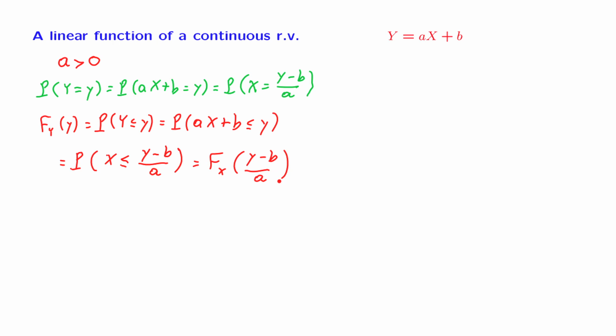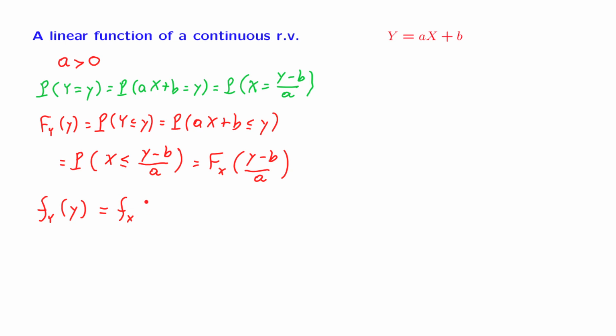How can we find the PDF? Simply by differentiating. We differentiate both sides of this equation. The derivative of a CDF is a PDF, and therefore the PDF of y is going to be equal to the derivative of this side. Here we need to use the chain rule. First we take the derivative of this function, and the derivative of the CDF is a PDF.